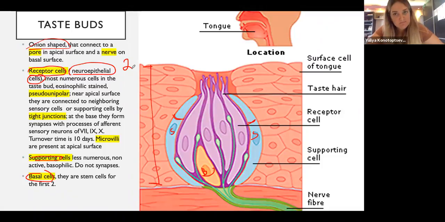What does it mean? Neuroepithelial cell type 2 is an epithelial cell with the properties of a neuron. It means that it doesn't fire an action potential. It doesn't. It releases a neurotransmitter. Okay, so just how to say it?